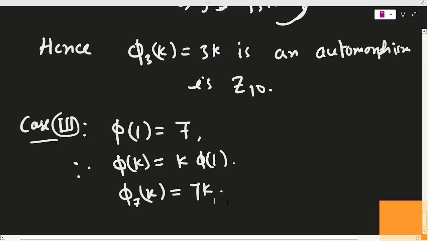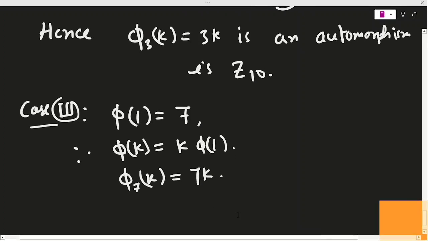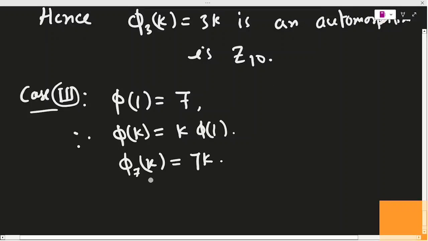Similarly, like the process in case 2 and case 1, a similar process. So you can say phi 7 of k is equal to 7k, it is an automorphism.